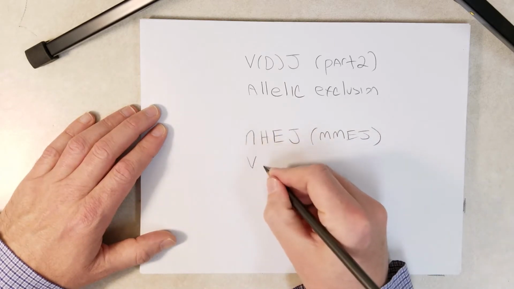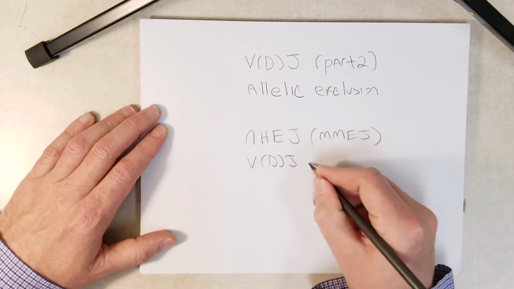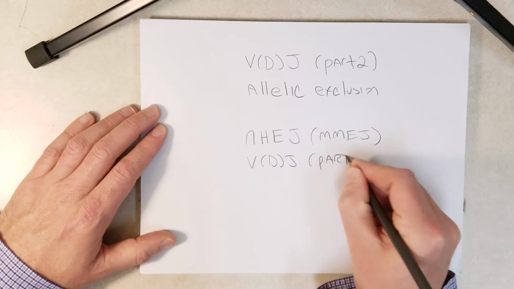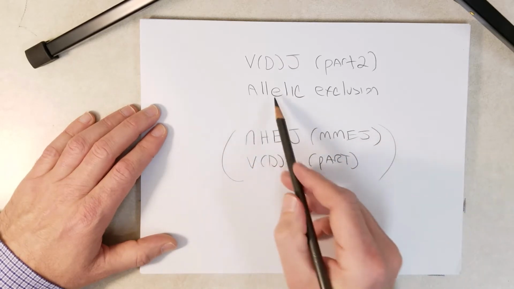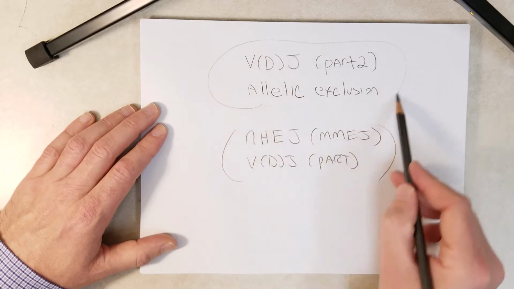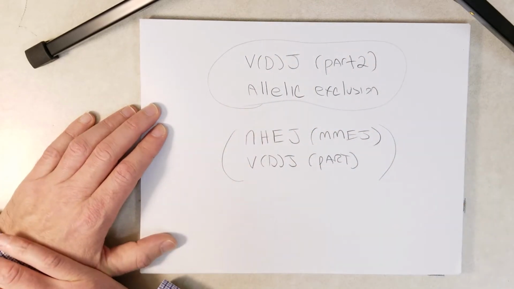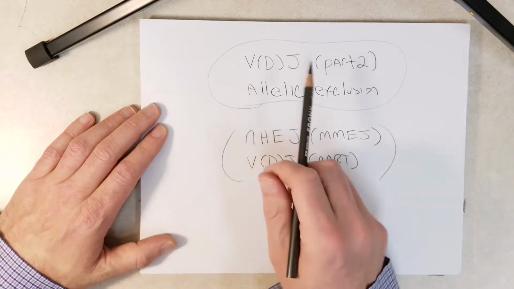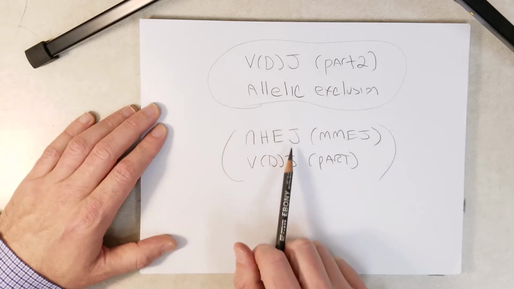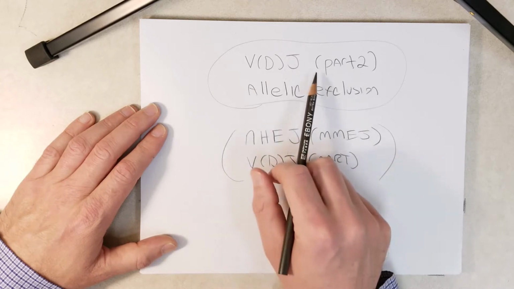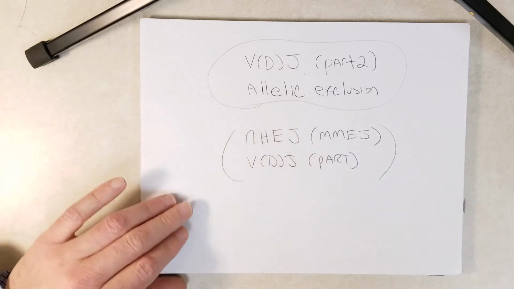And of course, VDJ recombination part 1. You're going to want to make sure you understand this stuff so you can understand these things which I'm going to talk about in this video, where these could be rather complicated. So I encourage you to make sure you understand this stuff first before you try and understand this stuff.